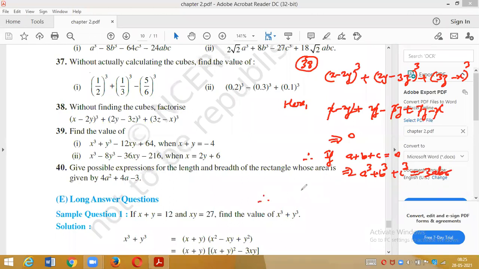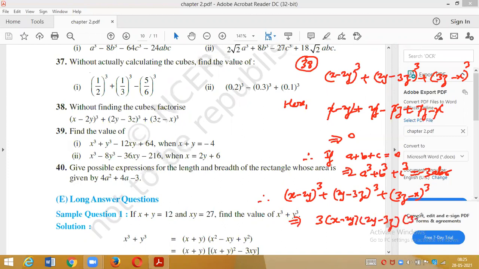Therefore, this x minus 2y whole cube plus 2y minus 3z whole cube plus 3z minus x whole cube is nothing but 3 into x minus 2y, 2y minus 3z into 3z minus x. This is the answer. Don't multiply it. If you want to multiply, you can multiply, but write as it is. Clear?